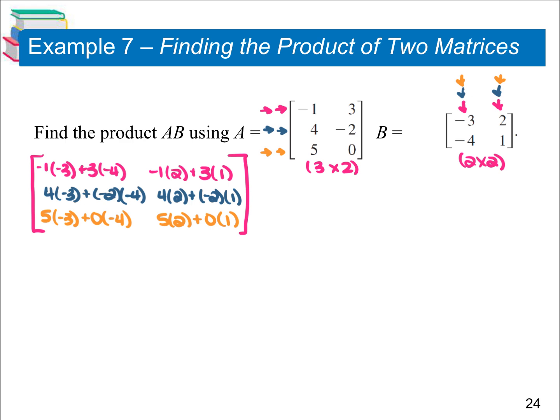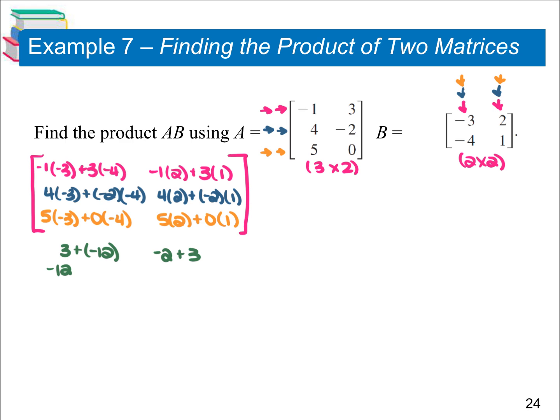We're going to simplify here. The -1 times -3 is 3. The 3 times -4 is -12. Your -1 times 2 is -2. And 3 times 1 is 3. On the second row, you have 4 times -3, which is -12.